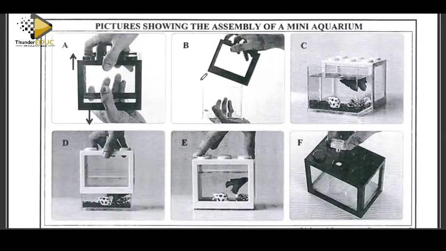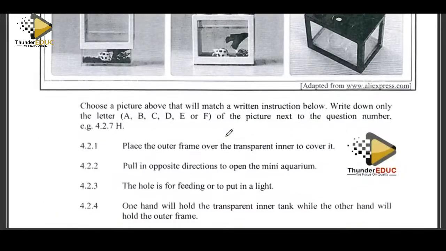We have instructions A, B, C, D. What do we see? Mainly, which step would be number one is the one with fewer items. Usually when one starts, it should be number one. The one towards the end is the one that has more items in the picture. Anyway, let's look at the question and we see what happens here.